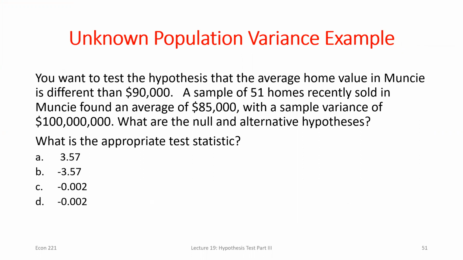So if I calculate the standard deviation of my sample means here, what's in my denominator? 100,000 divided by 51, and then 100 million, my sample variance, divided by 51, take the square root. I forget exactly what that ends up being, but my guess is that I'm 5,000 away from what I assume to be true. I doubt that's just 0.002 of a standard deviation. Could be. I don't know until I calculate that standard deviation and see what it actually is.